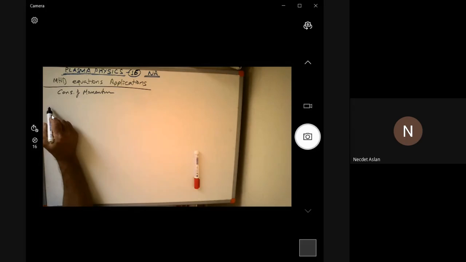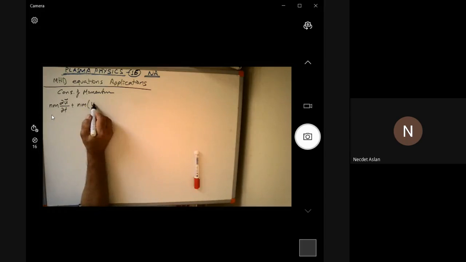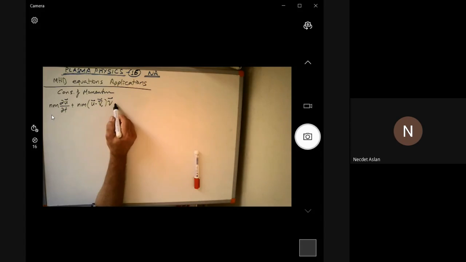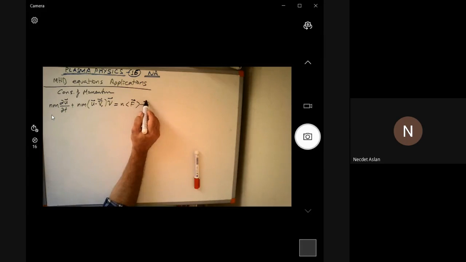This equation was given, for one species, by n m du/dt plus n m (number density times the mass) u dot gradient of u is equal to n times the Lorentz force, minus gradient.